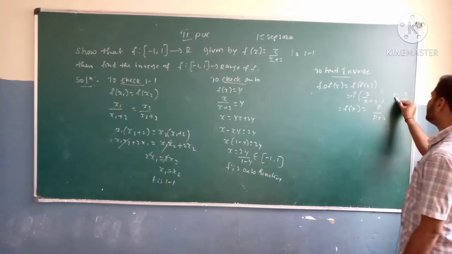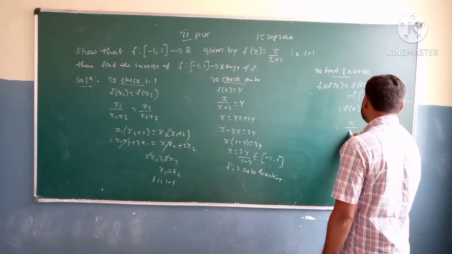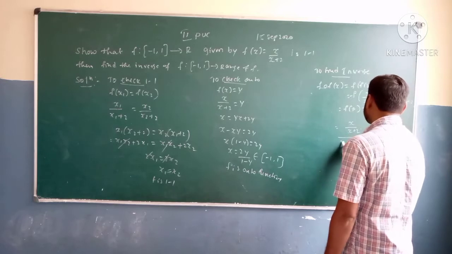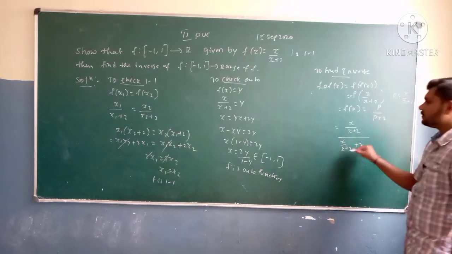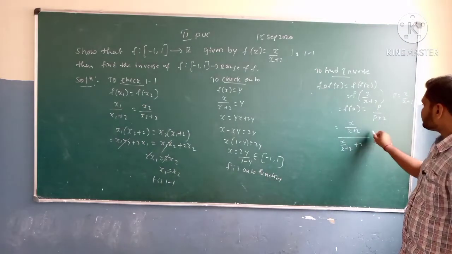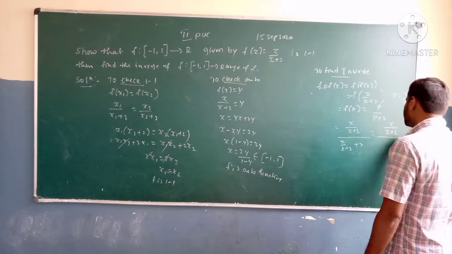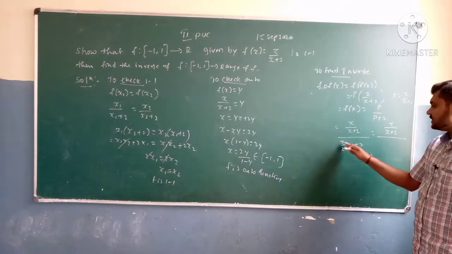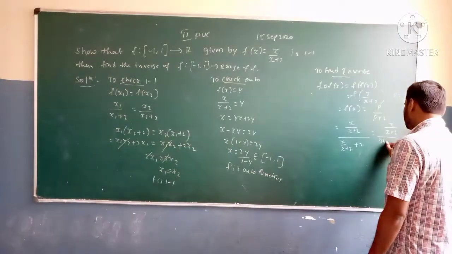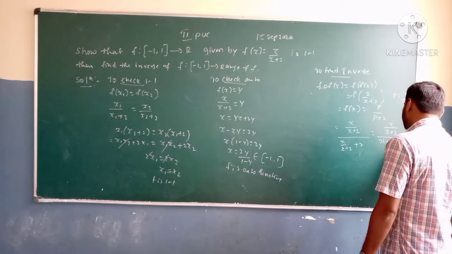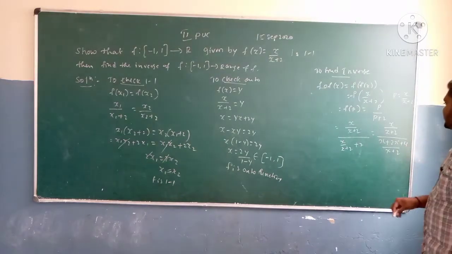I am just substituting p is equal to x divided by x plus 2. So in the numerator x divided by x plus 2, and in the denominator I am taking the LCM for x divided by x plus 2 and 2. So it's going to be x plus 2x plus 4 divided by x plus 2.